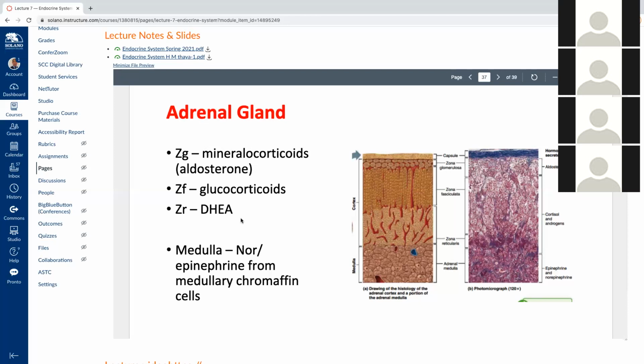So the way we try to remember from outside to inwards, the deeper you get in, the sweeter it gets. From salty mineralocorticoids, aldosterone, salt and water retention. Glucocorticoids, steroids is okay, and sex hormone, sweetest here inside. And of course, adrenal medulla has only 1 layer, which produces norepinephrine and epinephrine.